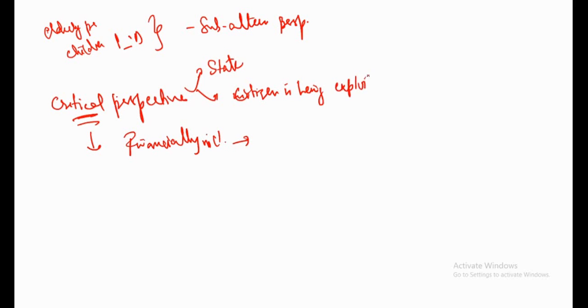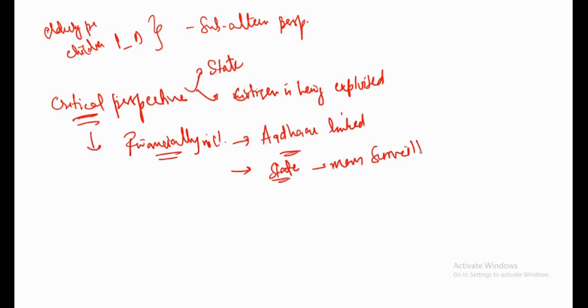Okay, so here we will show that when financial inclusion happened, people opened bank accounts. Bank accounts were linked with Aadhaar. So when they were linked with Aadhaar, it means that the state is doing mass surveillance. Okay, mass surveillance under the curtain of financial inclusion.